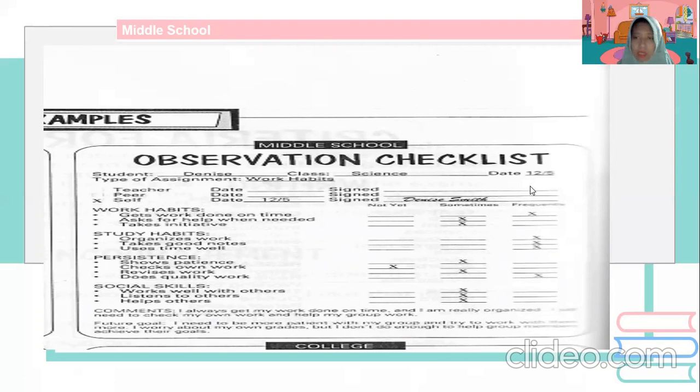As you can see here, Dennis put the comment: I always get my work done on time, and I'm really organized, and I need to check my own work and help my group work. However, Dennis wasn't satisfied with his work and hoped that in the future he could be more patient with my group.